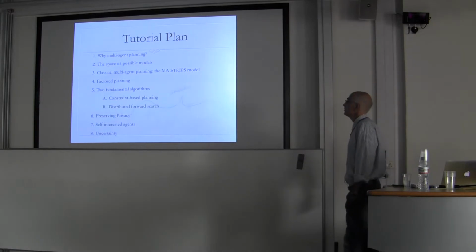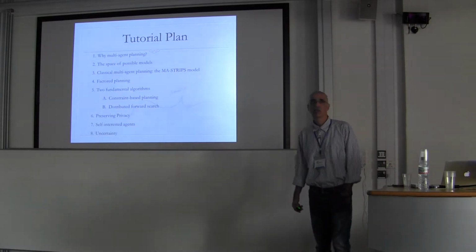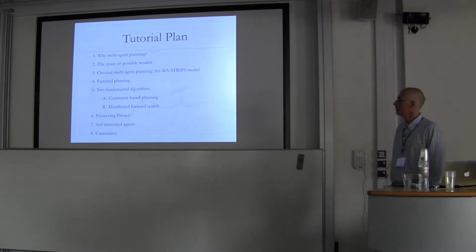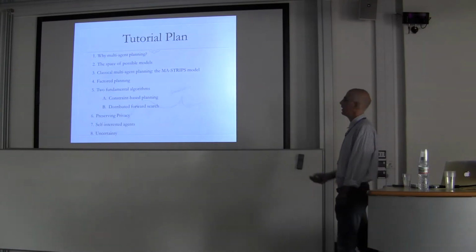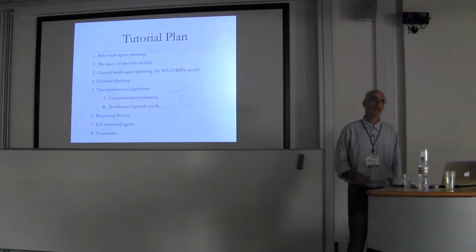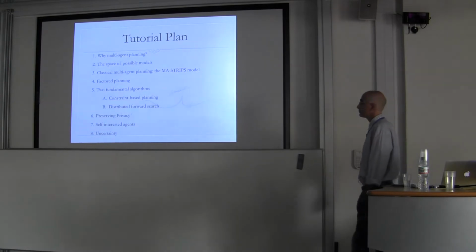So this is a plan of the tutorial. I'll start by going through the space of possible models. I'll probably leave out some of them. I'm not planning to be exhaustive, but you'll see that there's a lot of different aspects to multi-agent systems that you should take into account when you try to model a system.